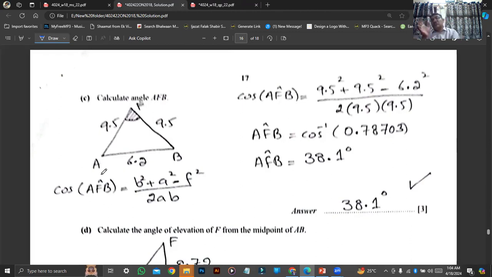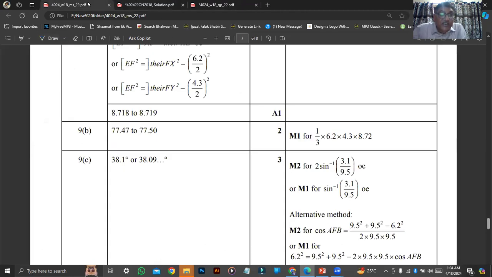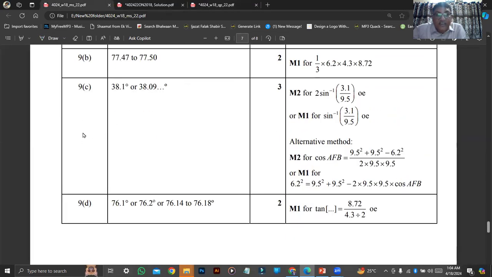When you do this calculation, you will get 0.78703. So take shift cos of 0.78703, and that will be 38.1. So the angle AFB is 38.1, and that is the right answer, sir. 38.1. I have applied this thing.